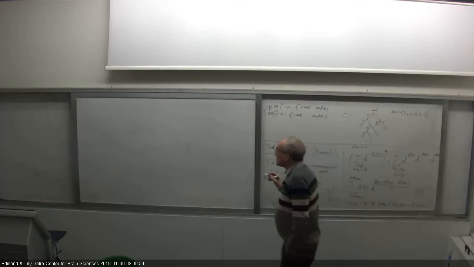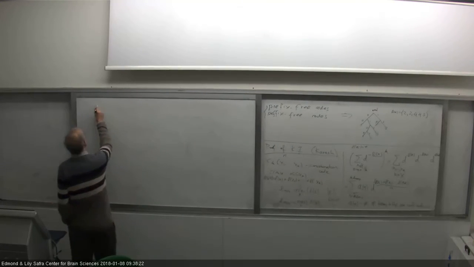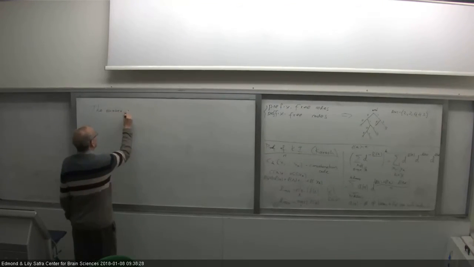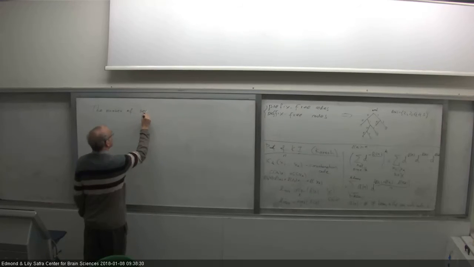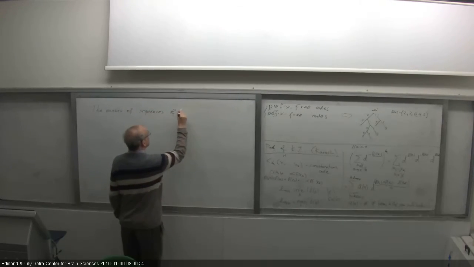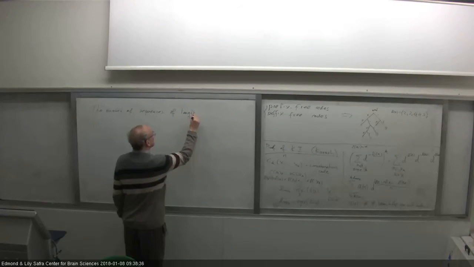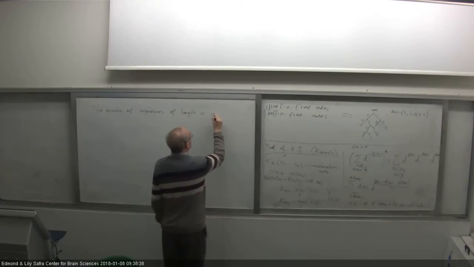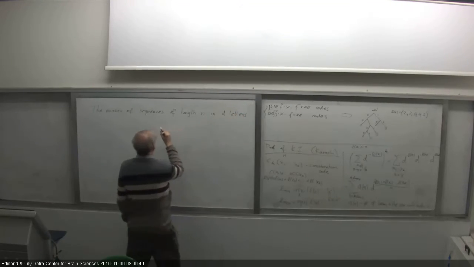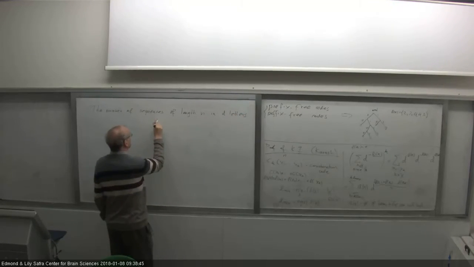So the number of sequences of length n in d letters is d to the n.